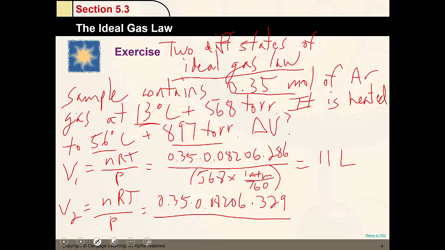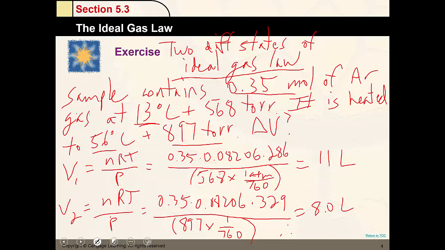And same thing here, our pressure is in terms of torrs. So that means we need to convert that to atmospheres by dividing by 760. When we do all that, we get a volume of 8.0 liters.